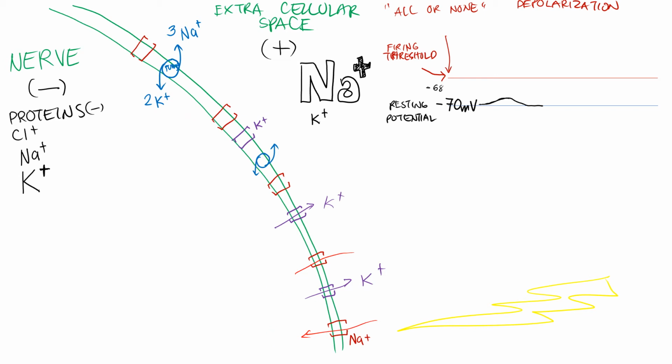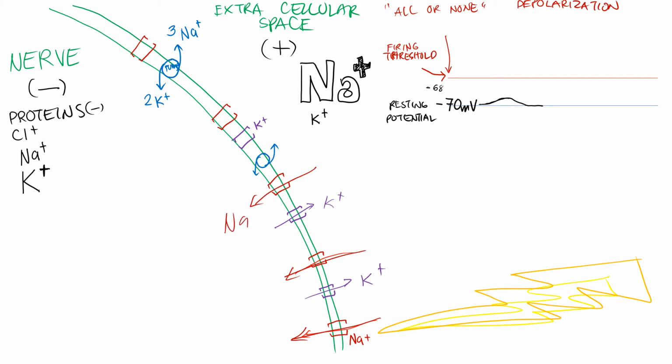So let's take that away. What happens when a larger impulse comes in? Let's say large enough that it opened a sufficient number of sodium channels such that your resting membrane potential became less negative and it actually reaches your firing level.